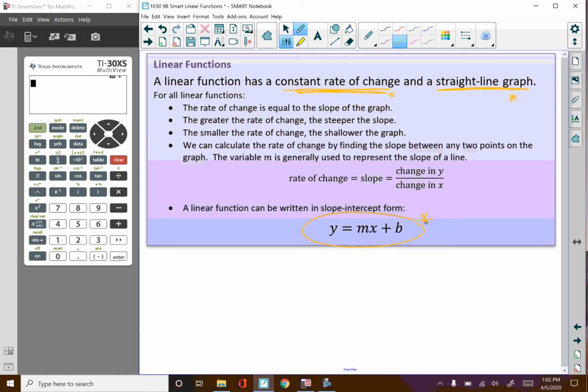As we go through this lesson, I'm actually not going to be writing the equations in that form. While I have that equation up here, let me tell you that I'm going to focus on writing the equations like this. Because in context, that often makes a lot more sense, where the b is our starting value or our initial value.